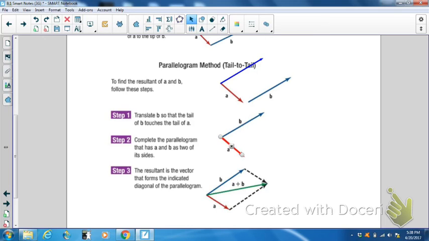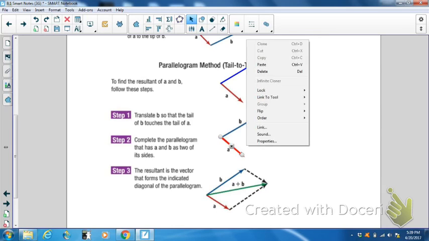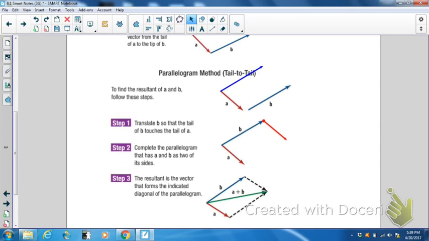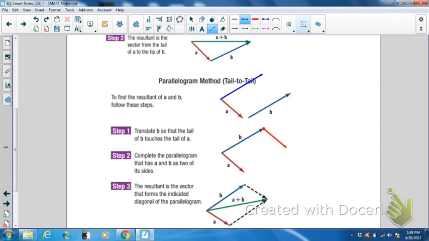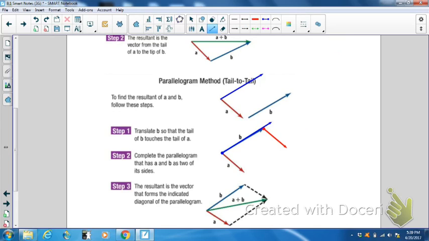It is not going to let me do it. There we go. So move it over here so it doesn't rotate any. Then I'm going to do another one for B, and bring it down here. So I've completed my parallelogram.